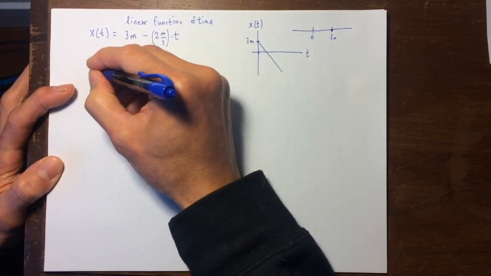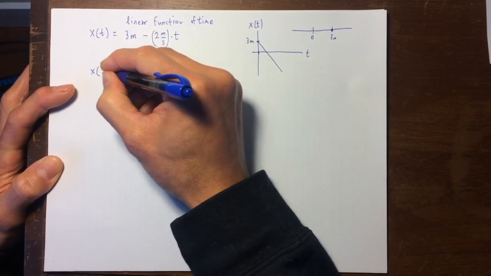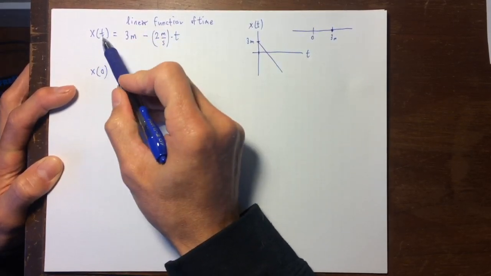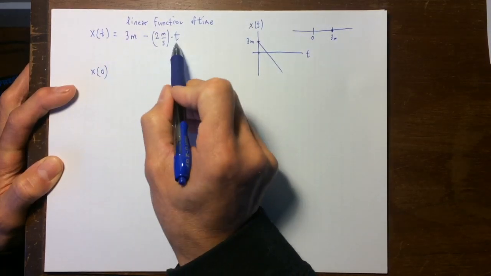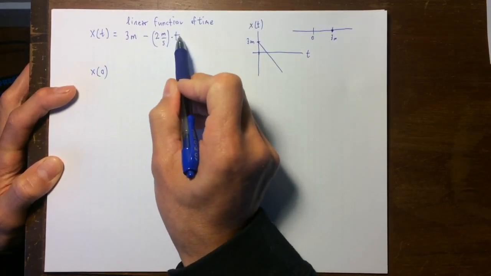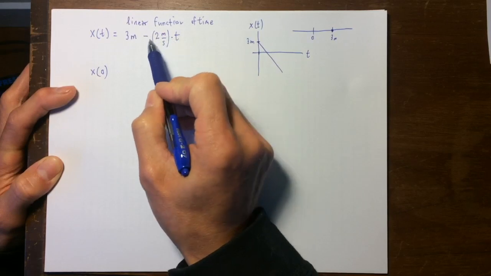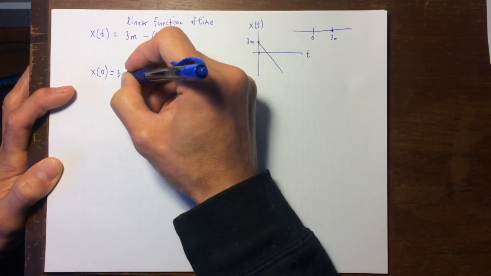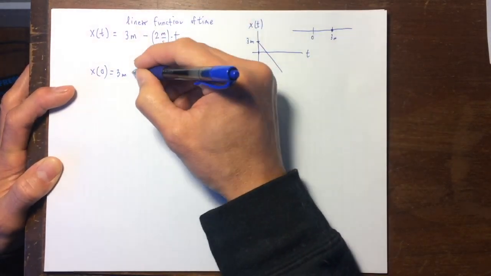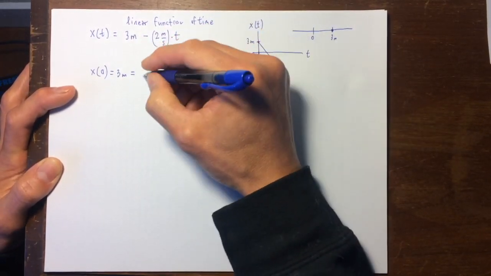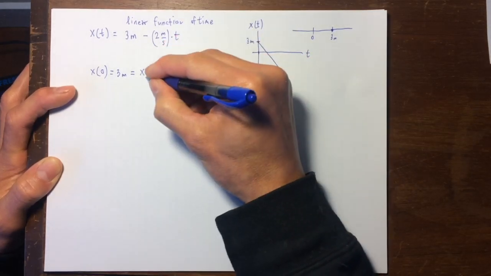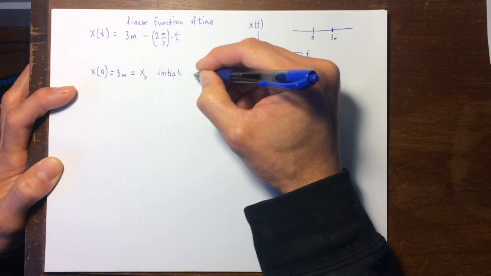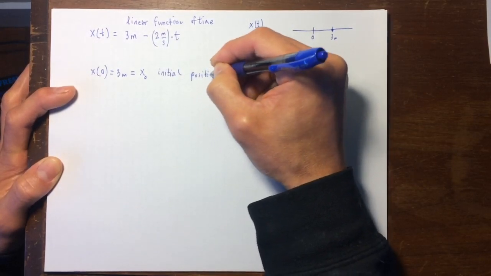So let's ask the question, what is the position at the value 0 for time t? You just take 0 and plug it in, and the only place it goes is right here. So 0 times whatever this is, that whole term is 0, and I'm just left over with 3 meters. What I'm trying to show you is the origin of what's referred to as an initial position.